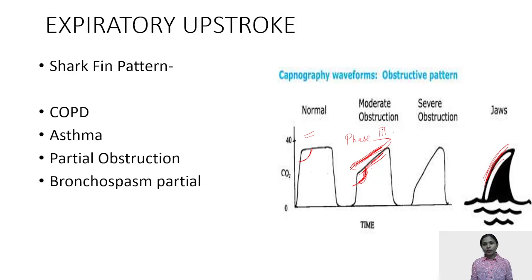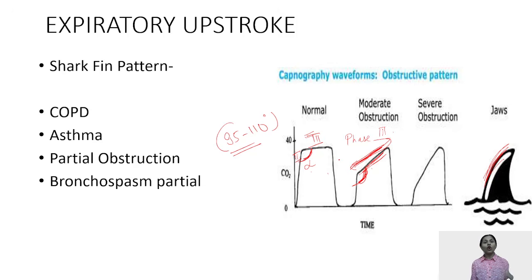This angle between your phase 2 and phase 3 is the alpha angle, which is normally 95 to 110 degrees. So this angle increases if there is an obstruction and the alveoli are emptying very, very slowly. But eventually they will empty, but they're emptying slowly.